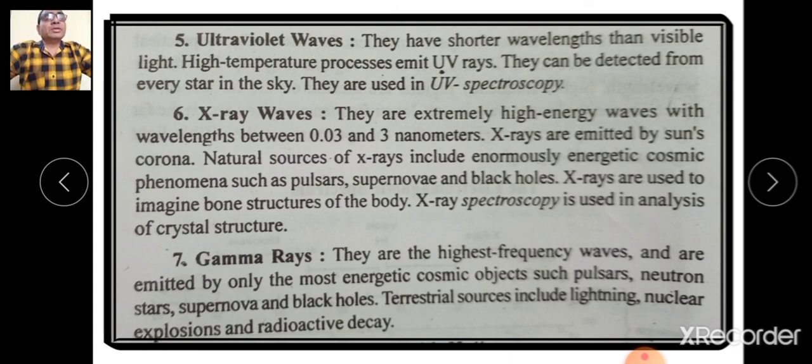They are used in the nuclear explosion and radioactive decays, also for the lightning purposes.